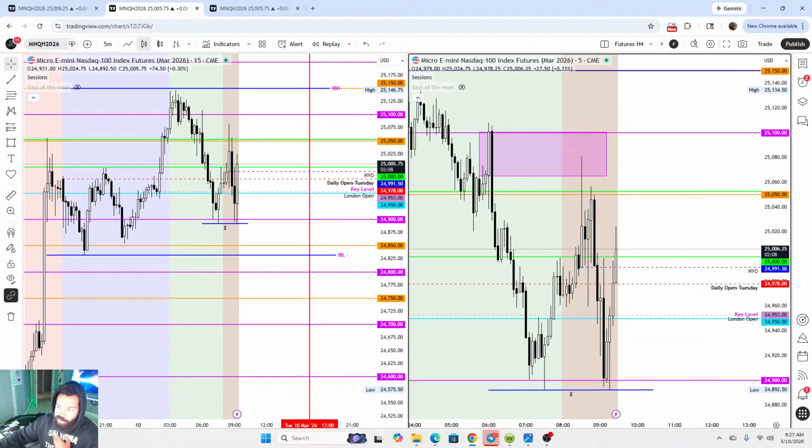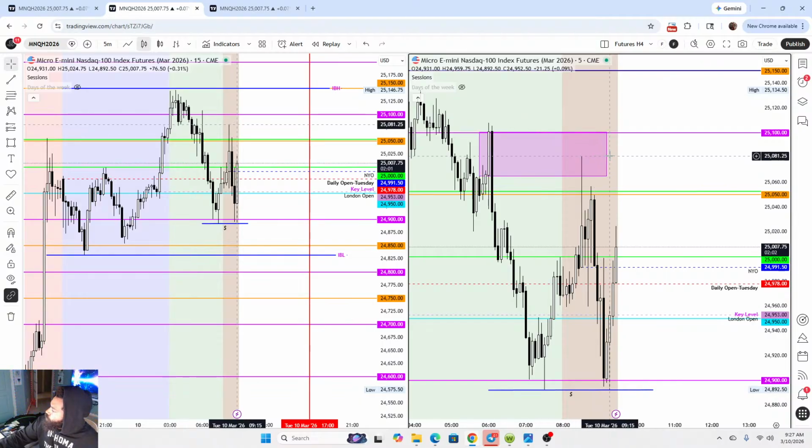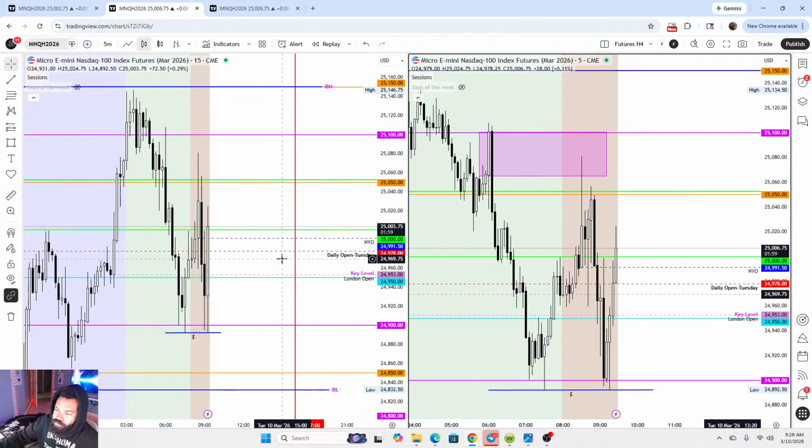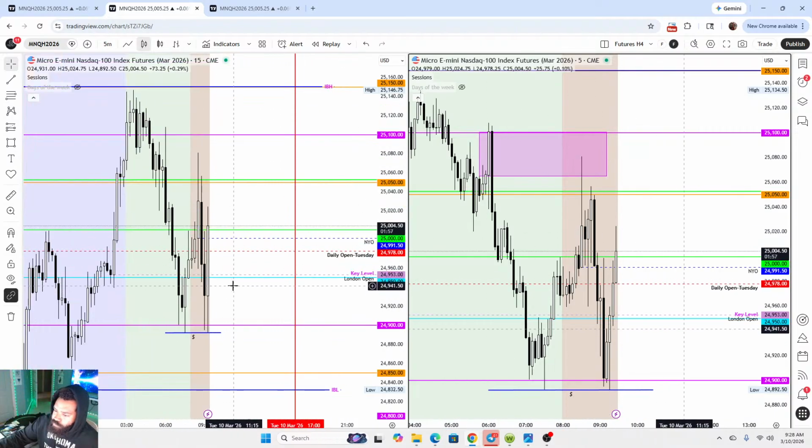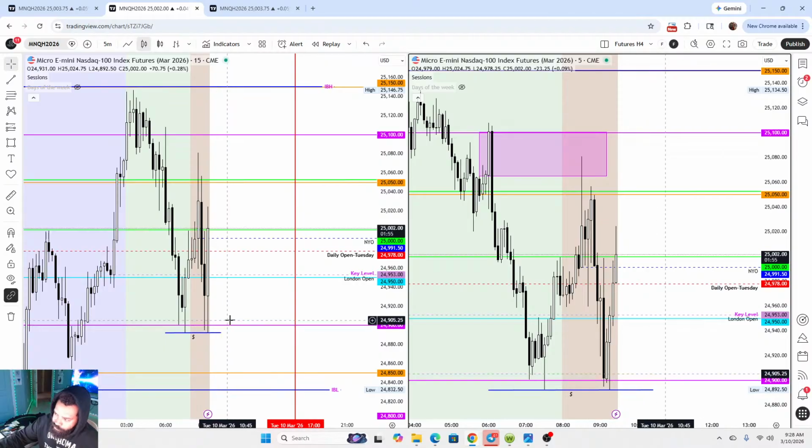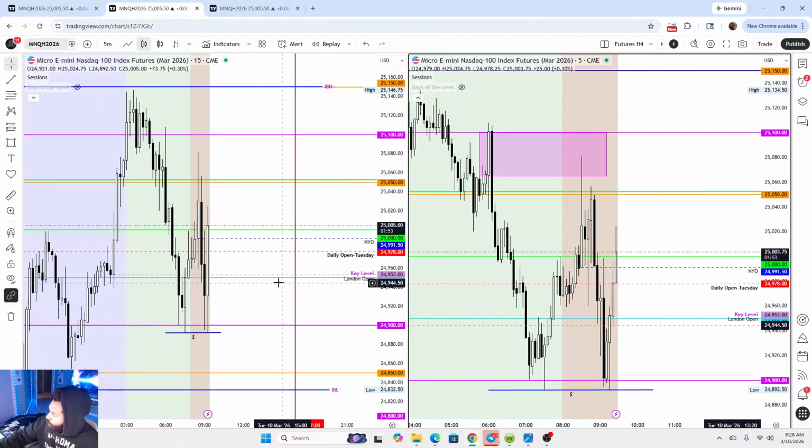And then YM is back to POI, so that's a good sign here. But these double bottoms are dangerous. They could easily flip price very quickly, like I said, and take off.